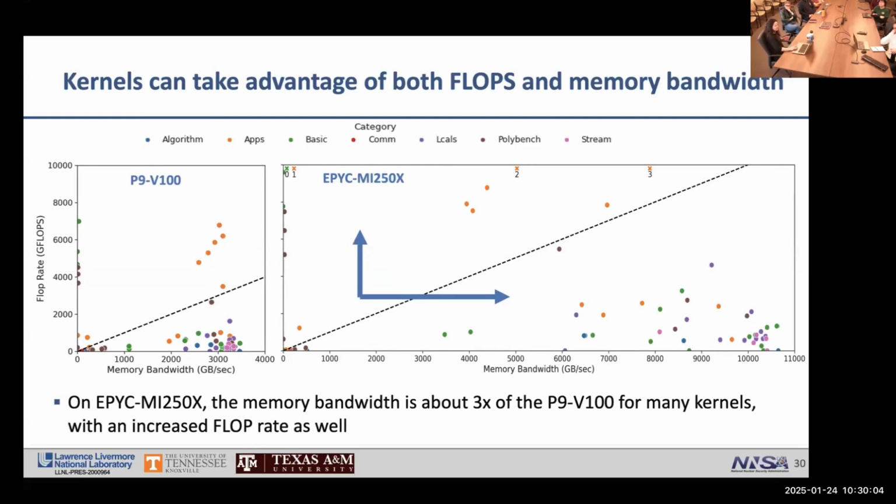We had to change the axes, so you'll see that this goes much higher, to 11,000 versus 4,000. For the MI250X with much higher memory bandwidth, we see a lot of movement where the kernels were able to take advantage of that. We also see the increased flop rate. The memory bandwidth is about 3x what we were seeing on the V100 nodes, and also the increased flop rate.